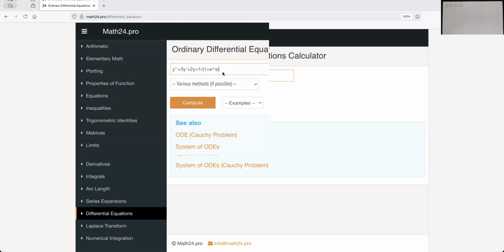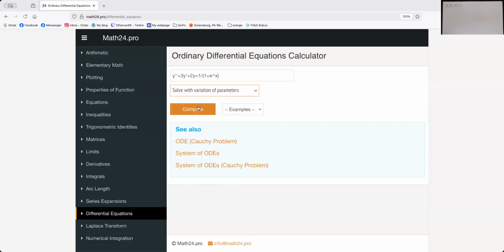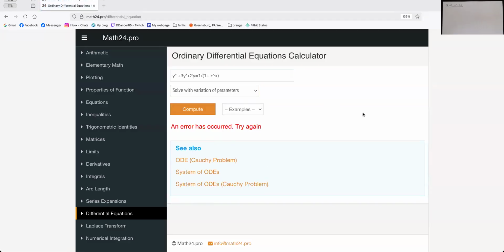And I wanted it to do it with variation of parameters. What do you mean an error has occurred? Why has an error occurred? Try again.